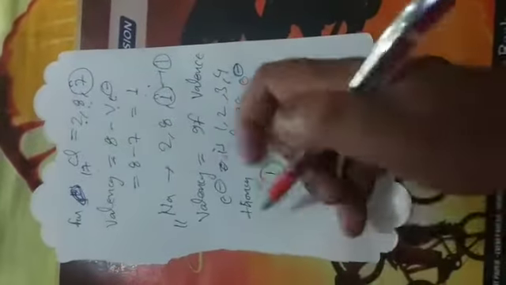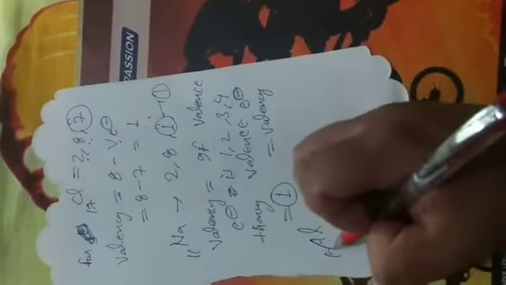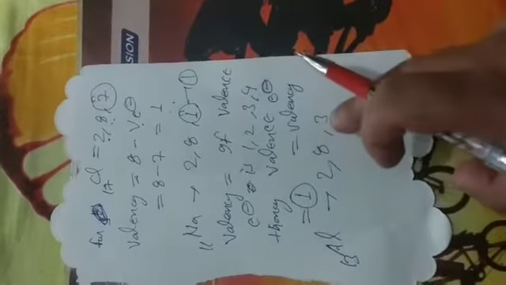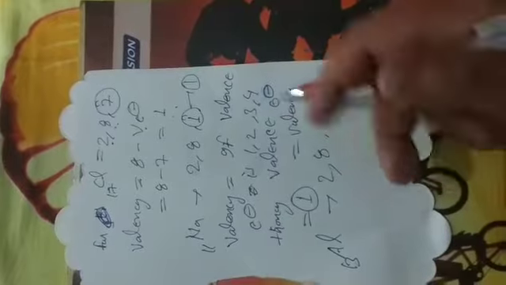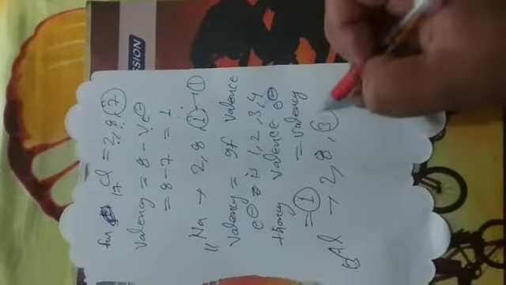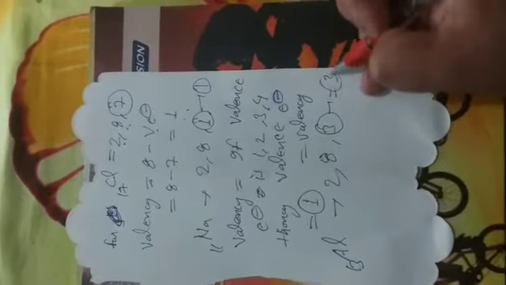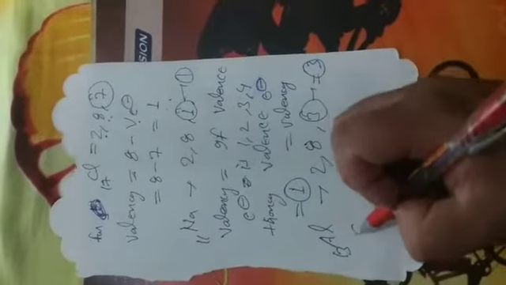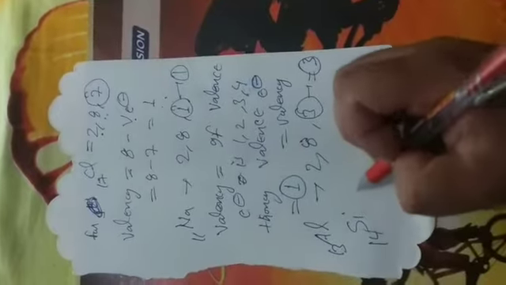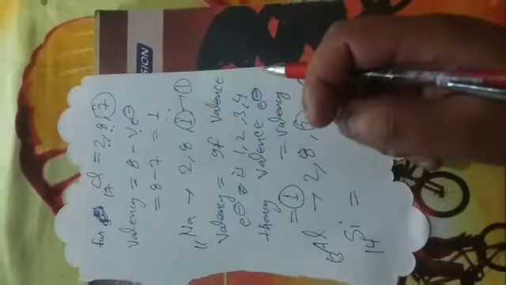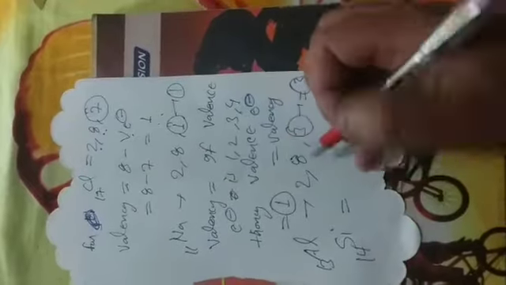In case of aluminium 2, 8, 3, the first formula is applicable in aluminium 13. So the valency is 3. In case of silicon 14, the first and second formula, both formulas are applicable.